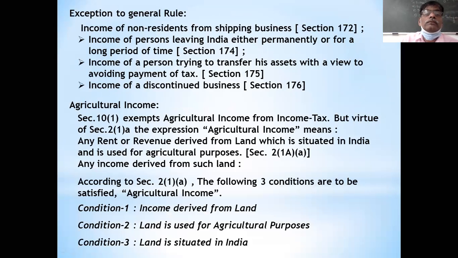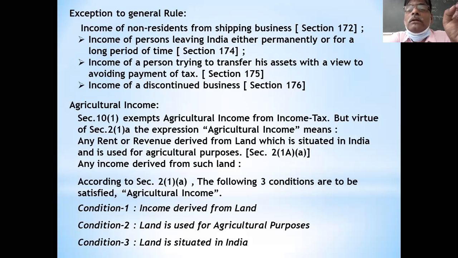The first main exception to the general rule is income of non-residents from shipping business, section 172. A shipping business person, a non-resident of India, comes to India on shipping business, unloads or loads the goods at the port, at the dock yard, and goes to some other country.